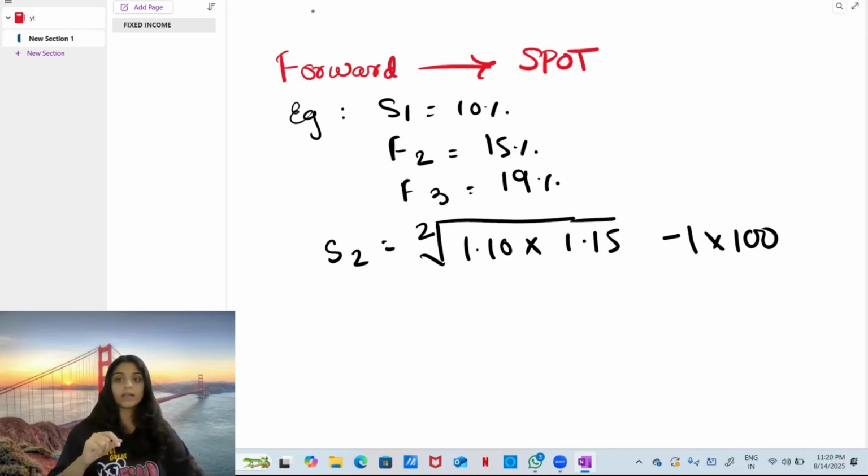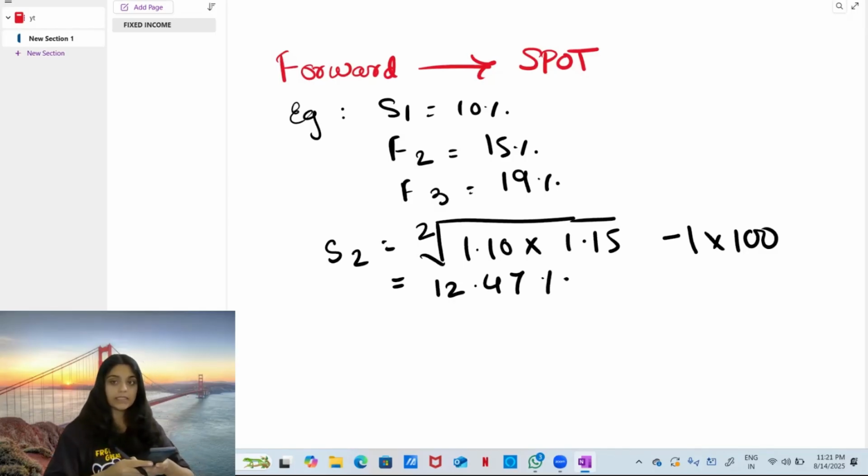The formula is a square root, because we are calculating for year two: square root of 1.10 into 1.15, minus 1, into 100. That should give you something like 12.47%. That is the spot rate for year two.